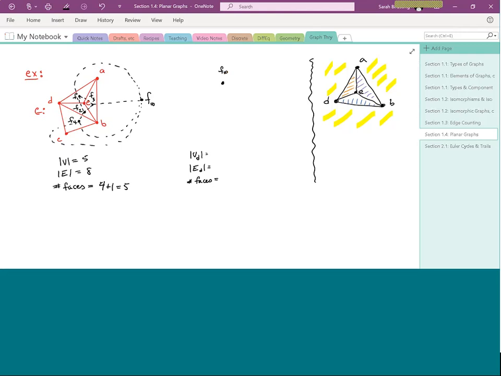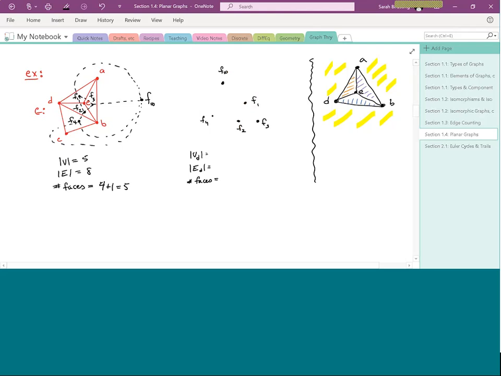It just has to be somewhere. And then maybe F1 is here, maybe F3 is here, maybe F2 is there, and maybe F4 is there. All right, so that'll untwist it a little bit, but oh well.